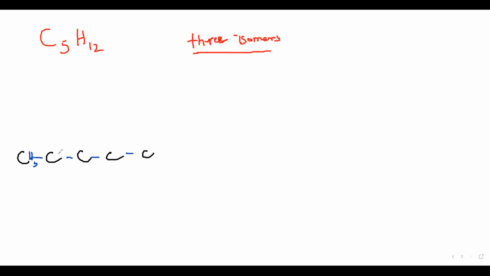Instead of writing 2 separate hydrogens, I can write H2. This also H2, and CH3. So I can represent in this manner. But if in the exam they say show all the bonds in the isomer, then I cannot do this. I have to show all the bonds, drawing the structure in the same way as before.